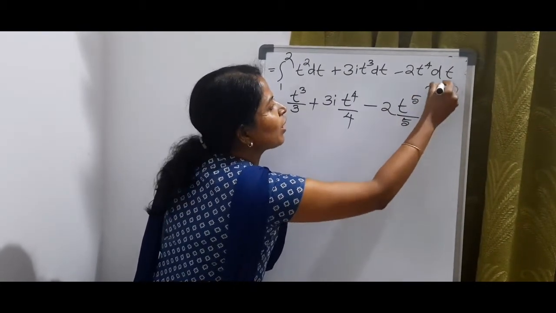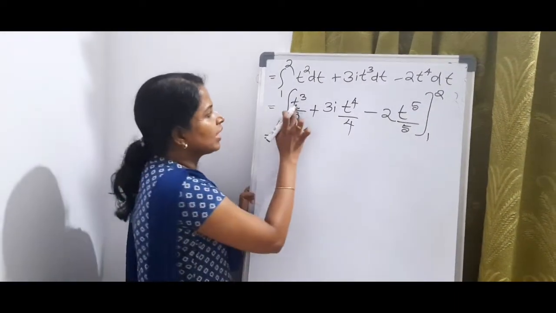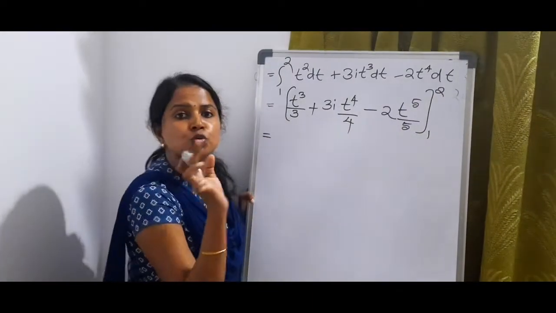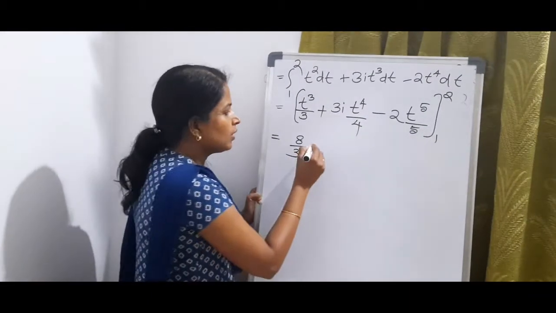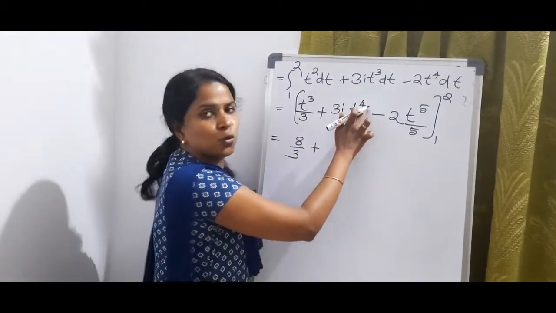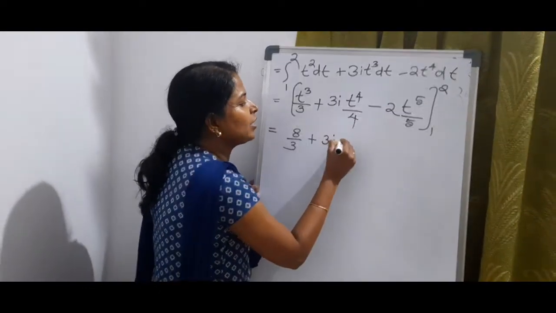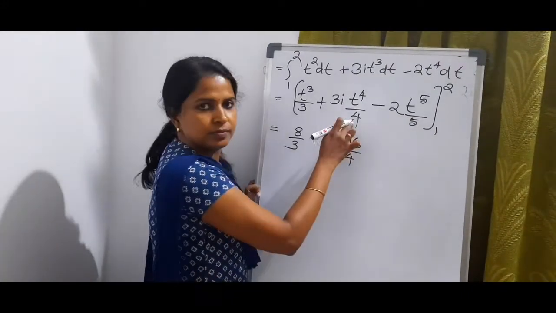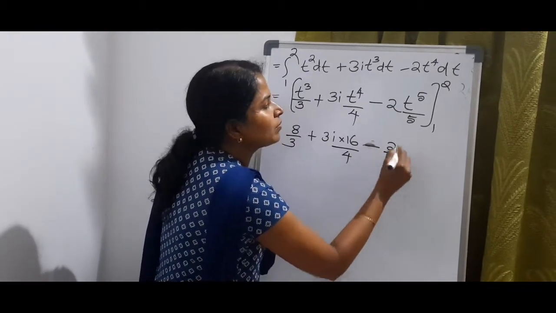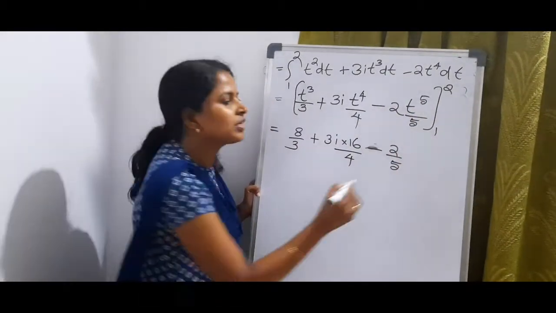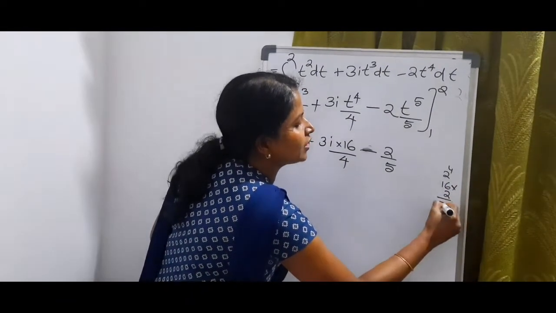Substitute the limit 1 to 2. First, substitute the upper limit, put t equal to 2. So 2 cube is 8, 8 by 3, plus 3i into 2 raised to 4, which is 16, by 4, minus 2 by 5 into 2 raised to 5, which is 32.